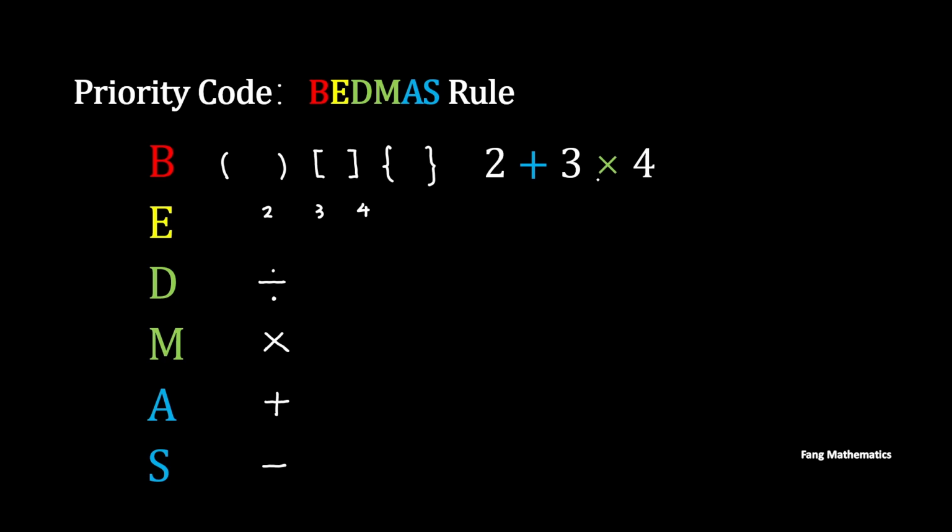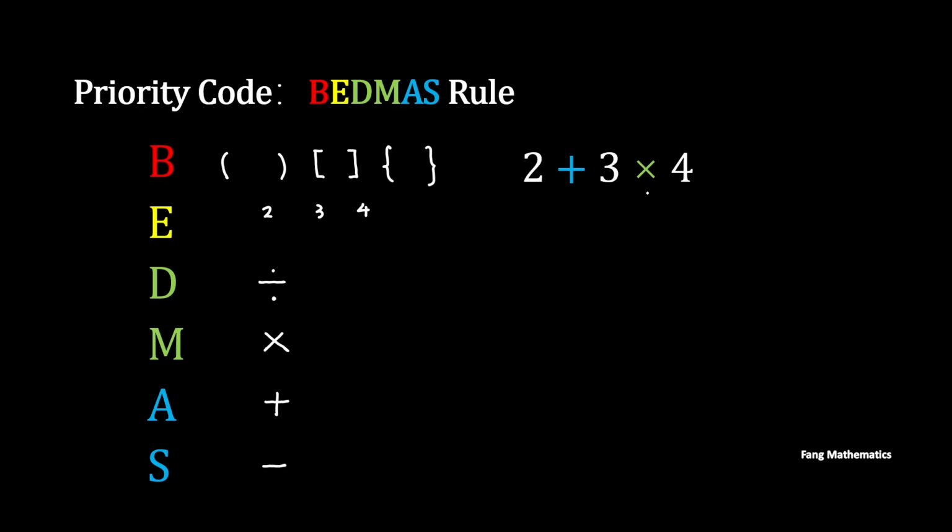Let's look at the example on the right. If you observe the question, you should see that you have both addition and multiplication. Let's look at the priority they are in. This addition is the fourth priority, in other words, last, while this multiplication is the third priority.